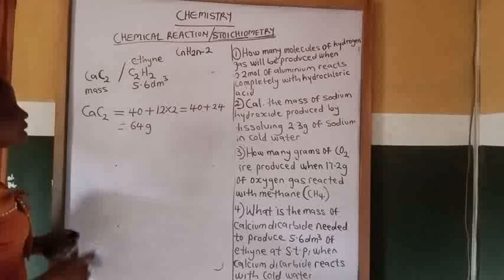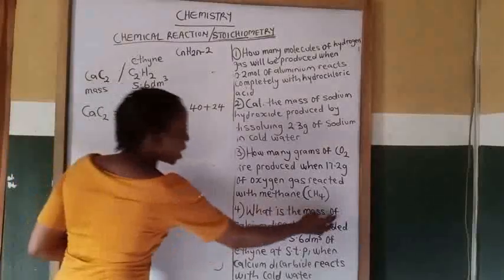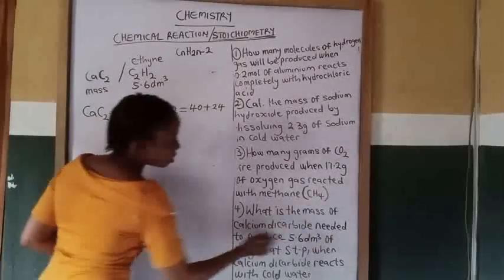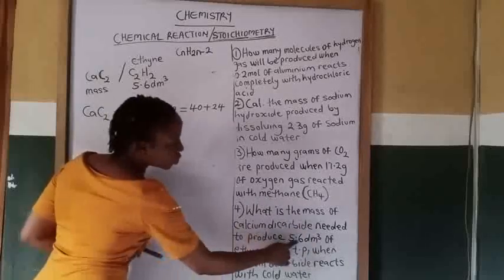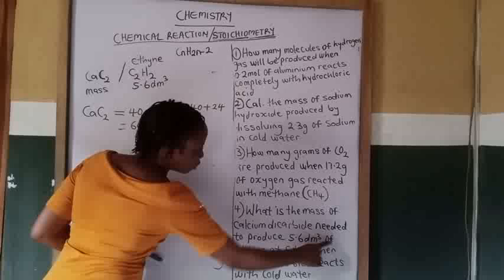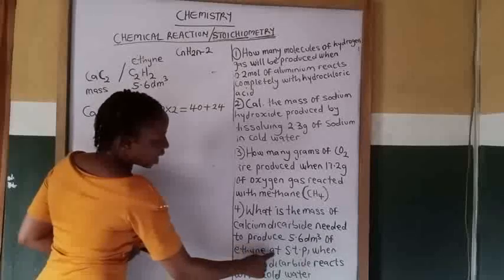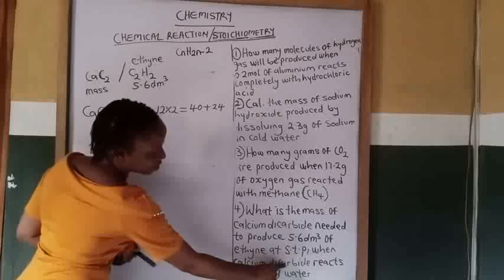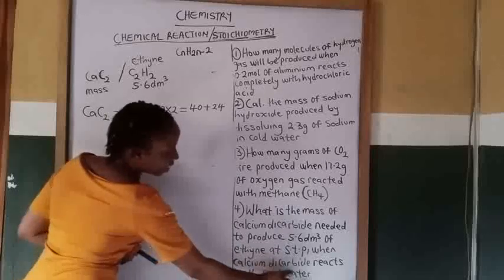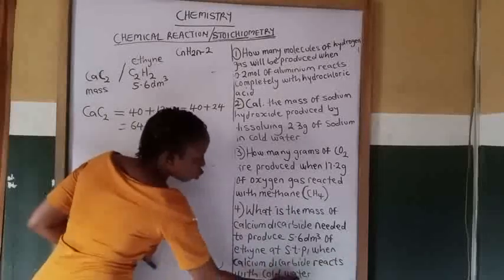Now, let's come back to our chemical reaction. We have not written our chemical equation. What is the mass of calcium dicarbide needed to produce 5.6 dm cube of ethane at STP when calcium dicarbide reacts with cold water?